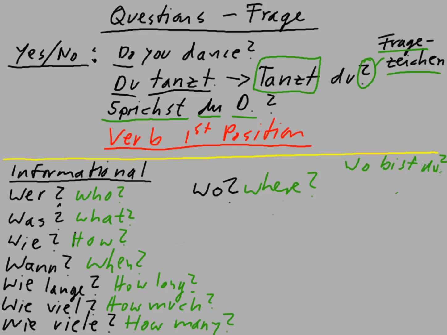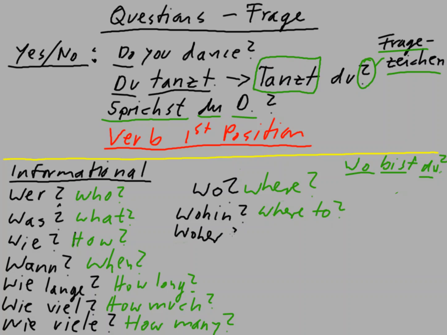Where are you? Wo bist du? Where are you? Okay. Then we have wohin. That is where to. Wohin gehst du? Where do you go to? Wohin gehst du? Okay.